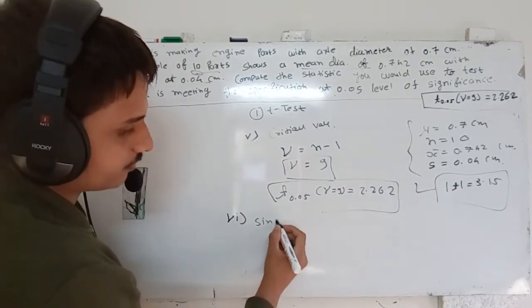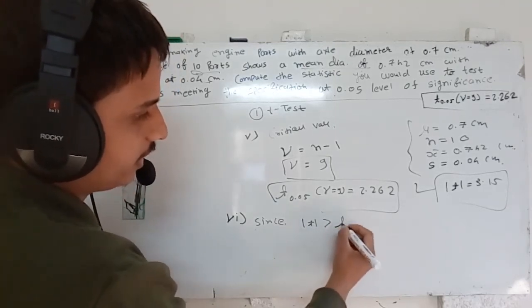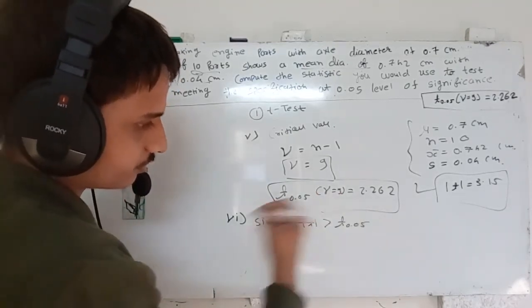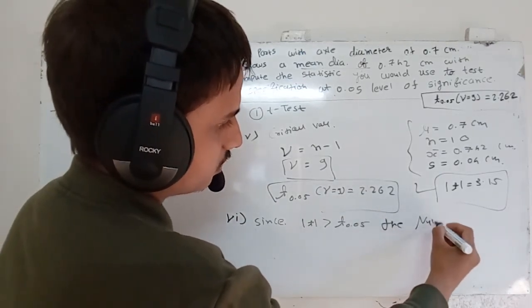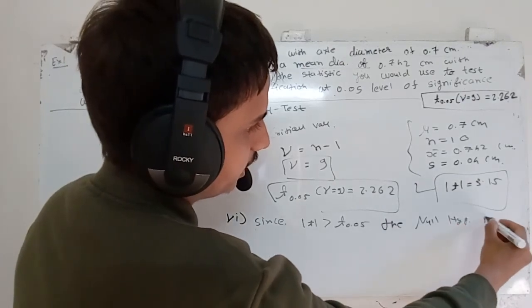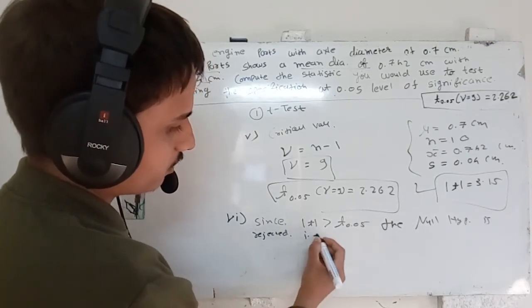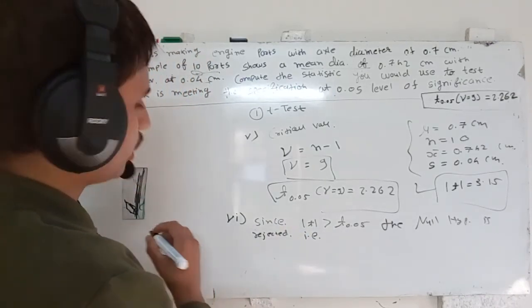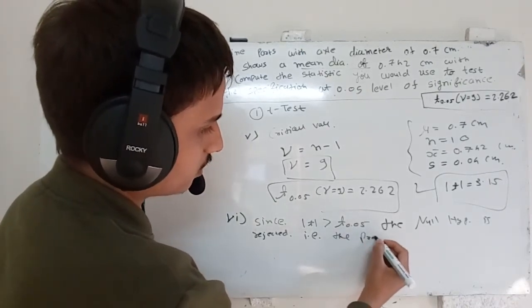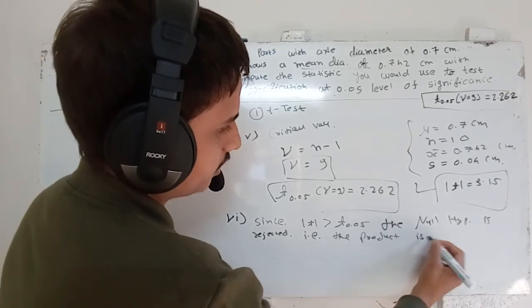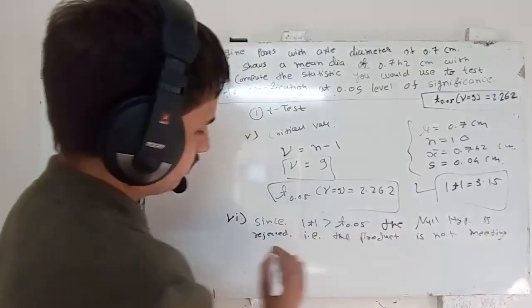So since mode t is greater than t 0.05, the null hypothesis is rejected, and therefore the product is not meeting specification.